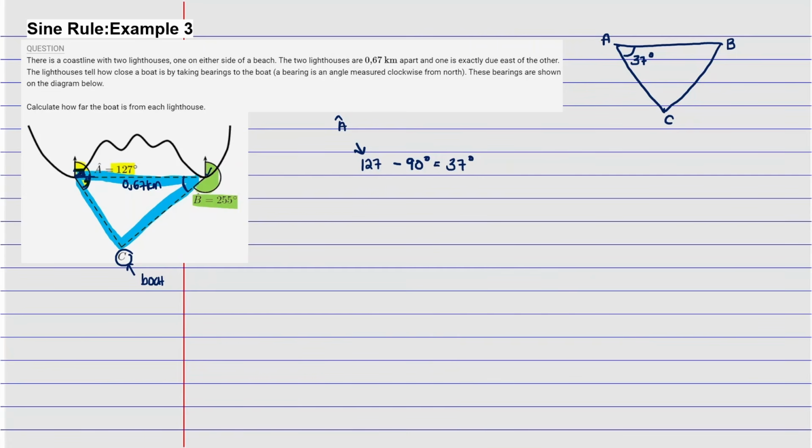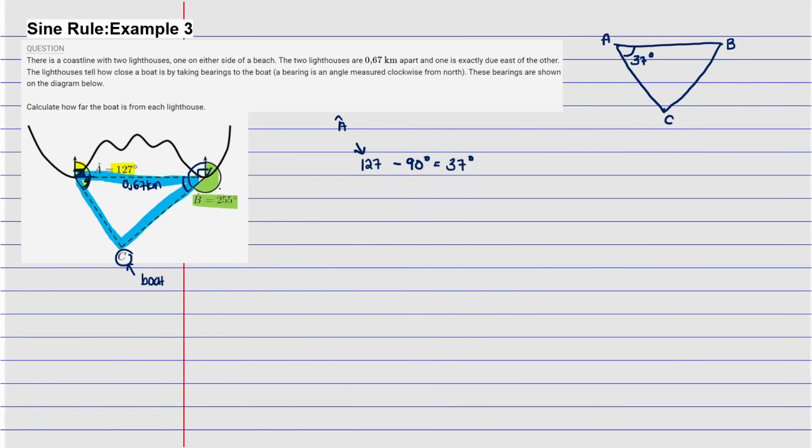Now let's move on to the green angle. We're given that the outside is 255, right? But we know that angles in a revolution are 360, and this is also 90.